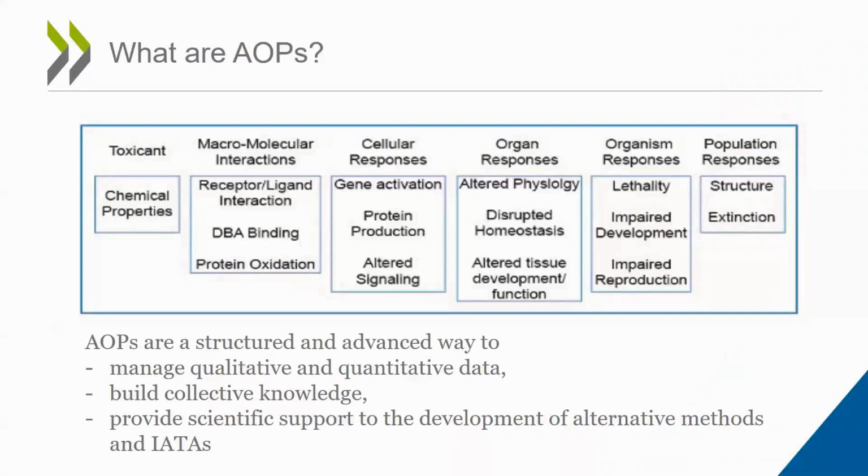So you will see this block structure of an AOP throughout the webinar. An AOP is actually a construct that describes a sequential chain of causally linked events at different levels of biological organization that lead to an adverse outcome. So it can be a health effect or an ecological effect.